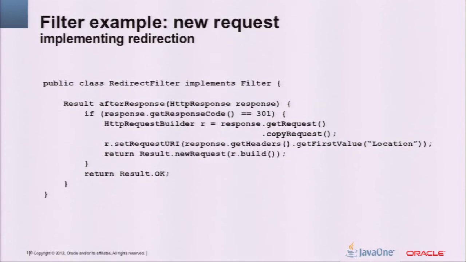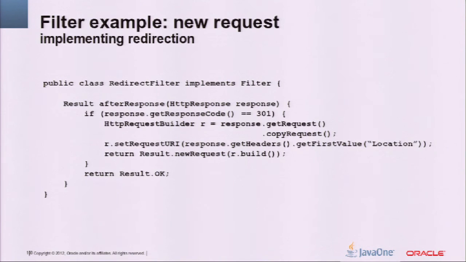And finally, the final example for filters, I'll just go through this very quickly. This is a partial implementation of a redirection filter. It's only interested in the response, so it implements the after response method. It checks for a response code indicating redirect.